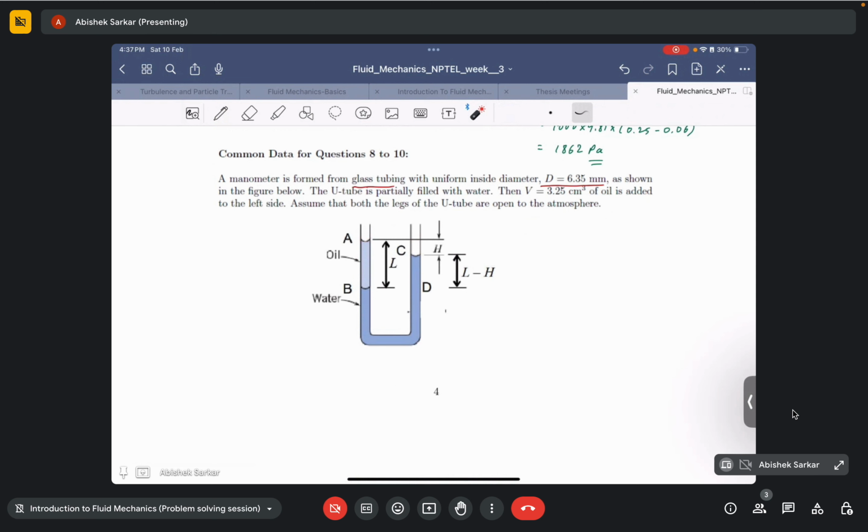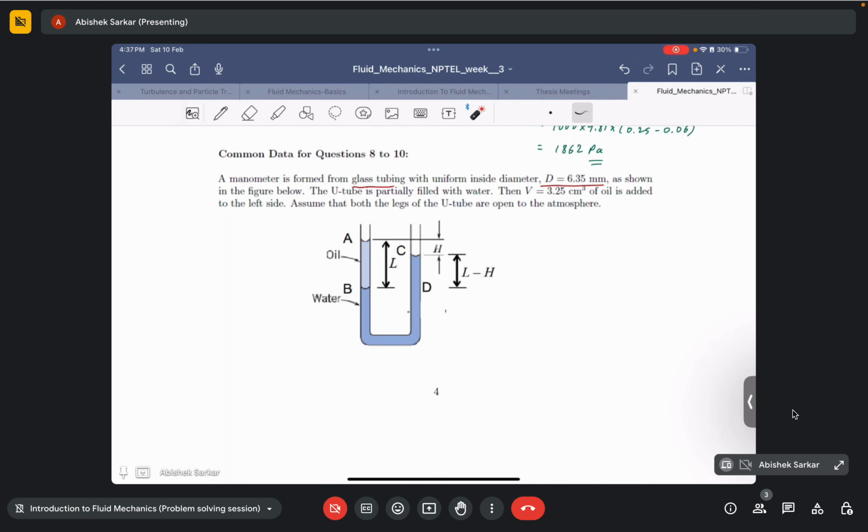Yes, sir. See, in our previous case, rather than being exposed to atmosphere, it was actually submerged in water, right? We were measuring the pressure difference in a pipe containing water, and these columns were filled with water. Since they were under the influence of water, we said these two points have different pressures because they are at different heights.